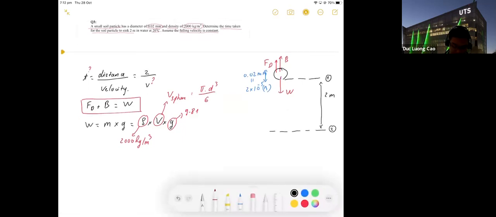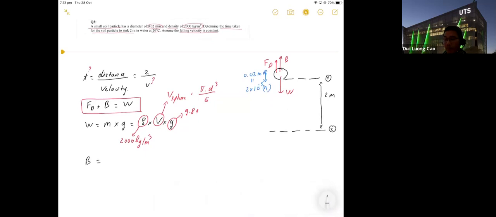Buoyancy force. Do you remember the equation to find the buoyancy force? Fluid static. Buoyancy force equals the weight of the liquid in the submerged volume.